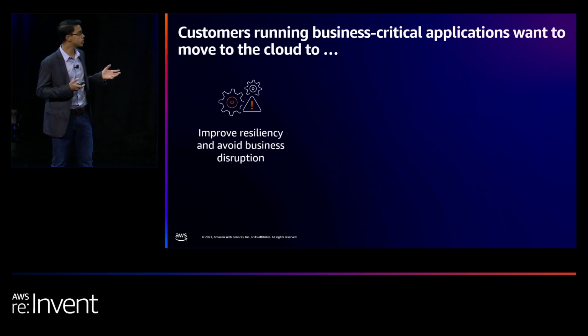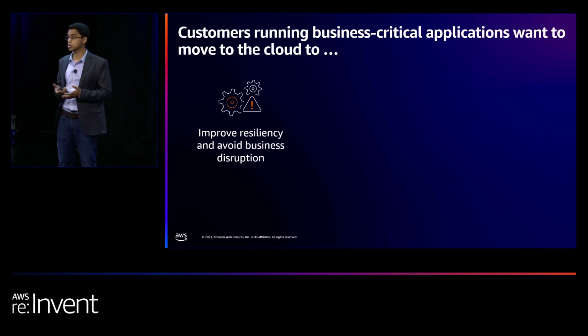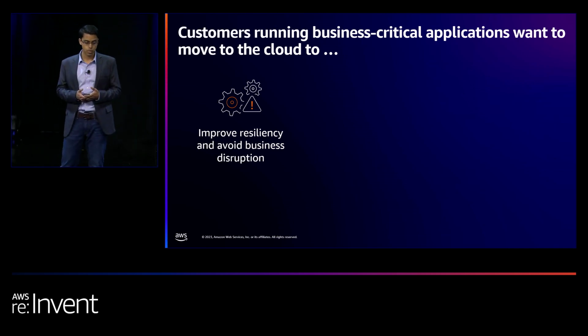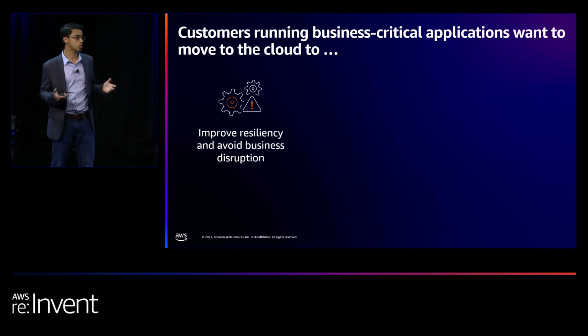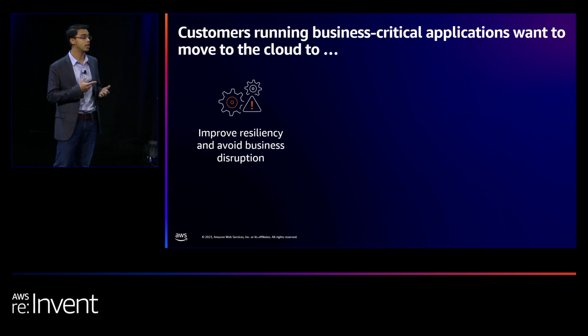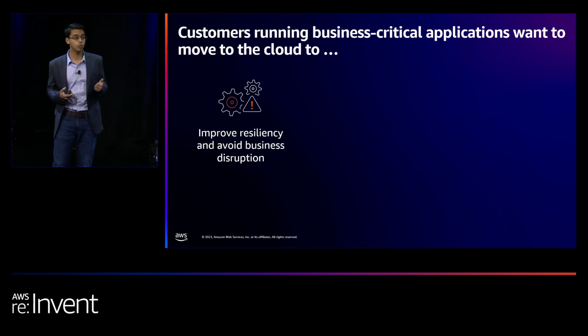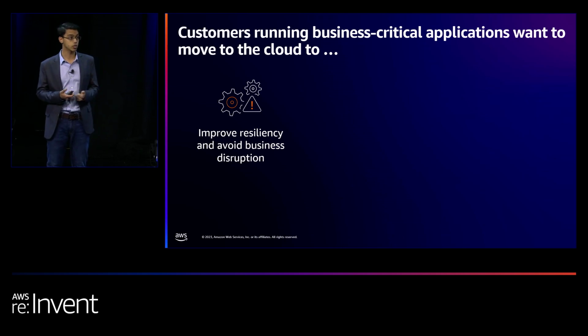And yet, we see that regardless of what type of business critical applications a customer might be running, almost all customers running business critical applications are looking to move these applications to the cloud. And that's really because the cloud can provide three key benefits for these types of applications. First, customers know that the cloud can help them improve resiliency and avoid business disruption.